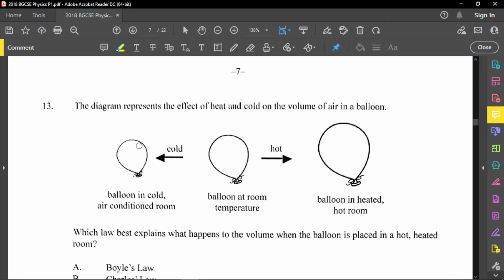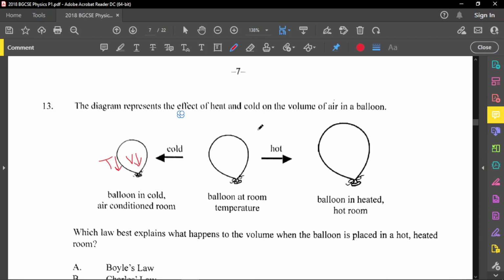And simply what we can say is, if it gets smaller in size, there's a decrease in volume, right? Let me just make a note right there. So right here we have a decrease in volume. In other words, if temperature goes down, then volume also goes down. That's what this is saying.